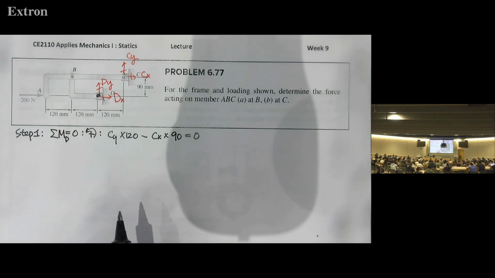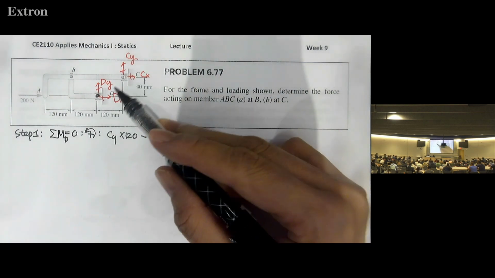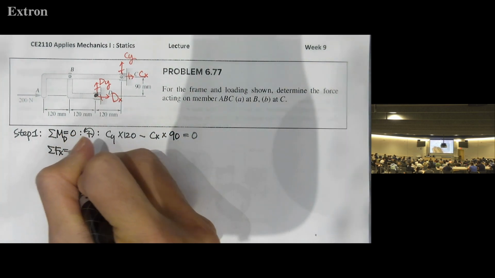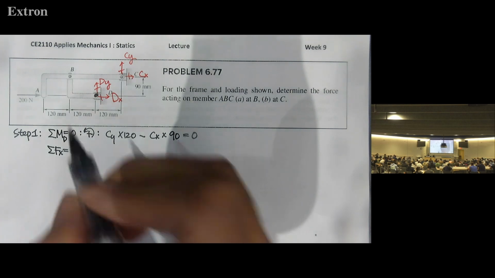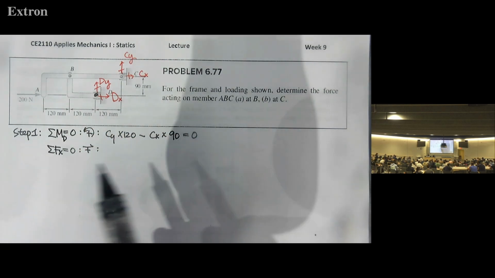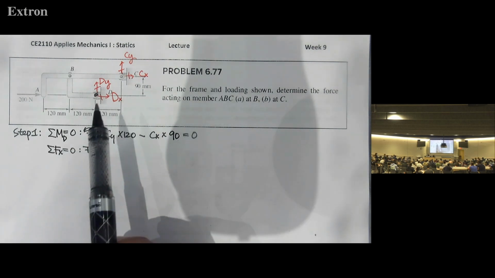Okay. And then we can have 2 more equations, for Cx and then Cy, right? So let's write it down just for our information, because it's the first problem we solve for a frame. If right side is positive, then what do we have? Cx, right?